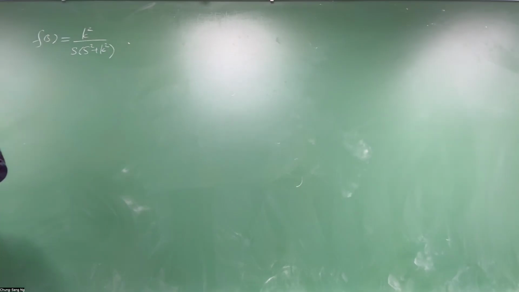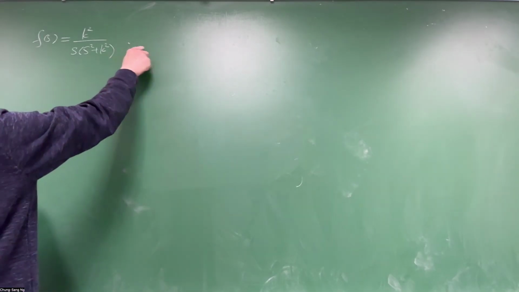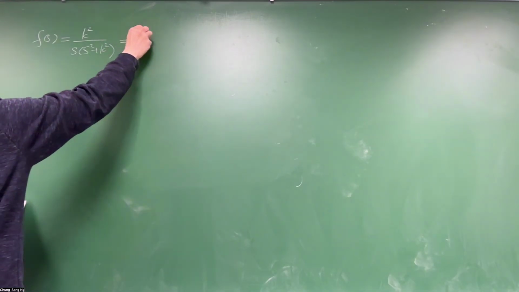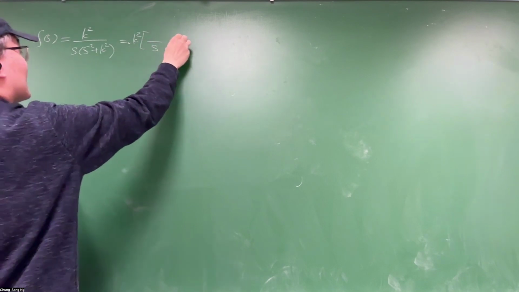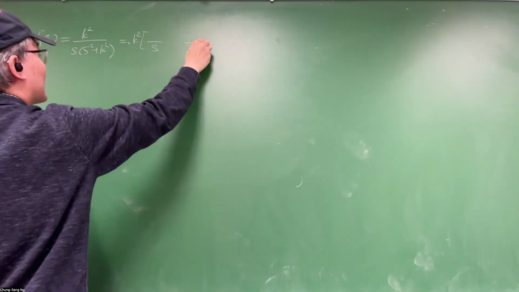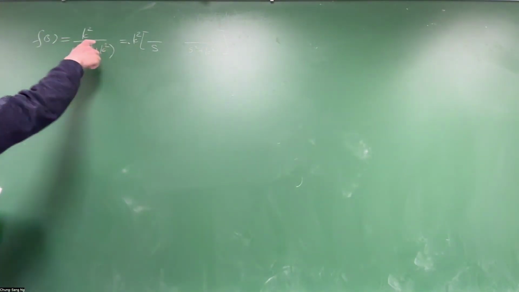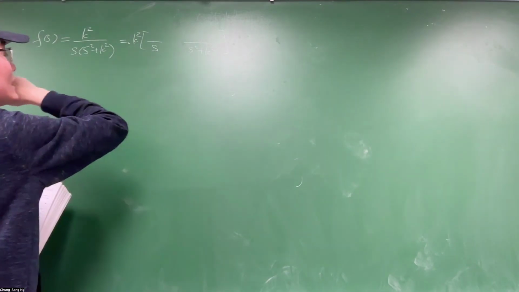But this one is more complicated than the entries on the table, so what you do is partial fractions. There is a term s squared plus k squared, and you pull out the k squared anyway.